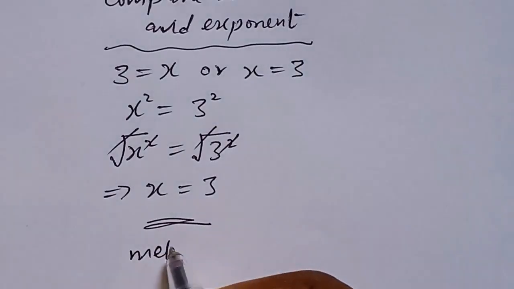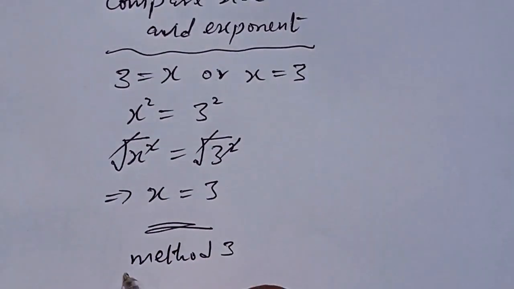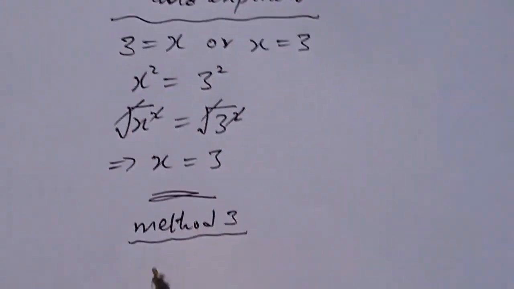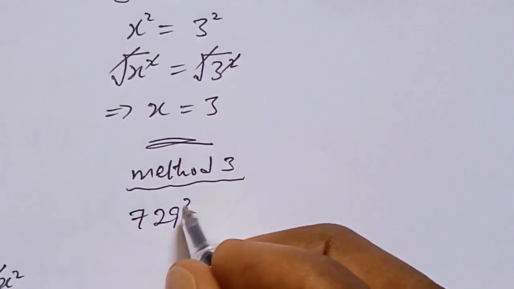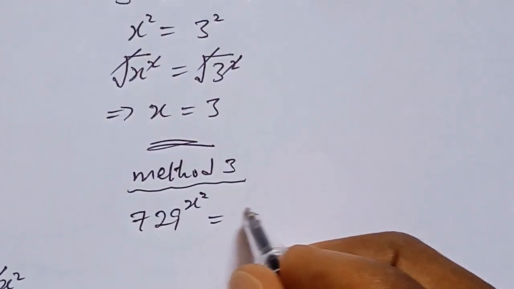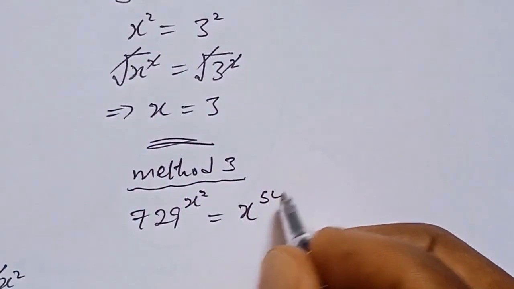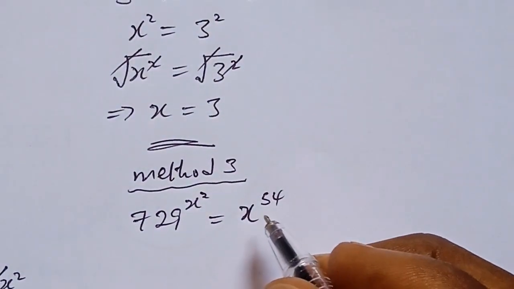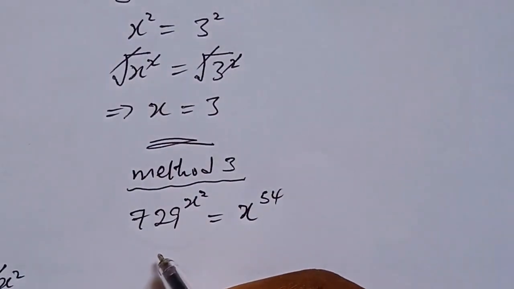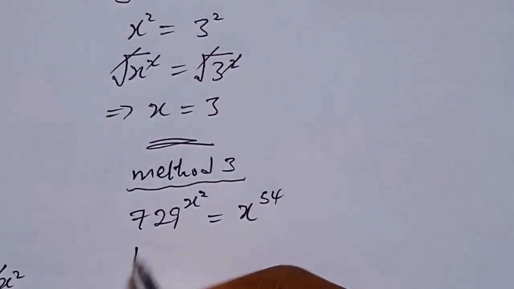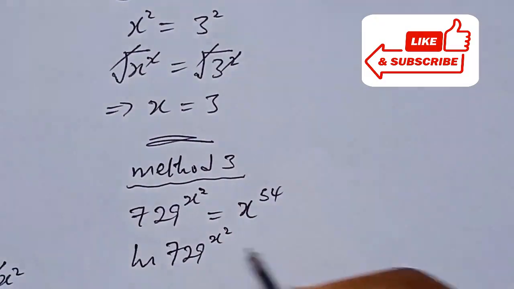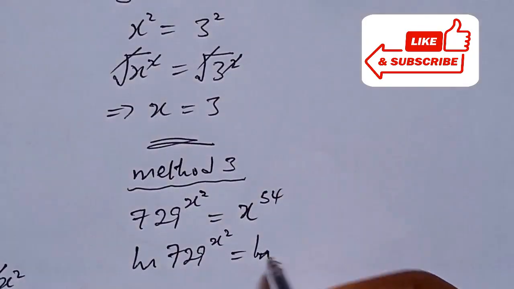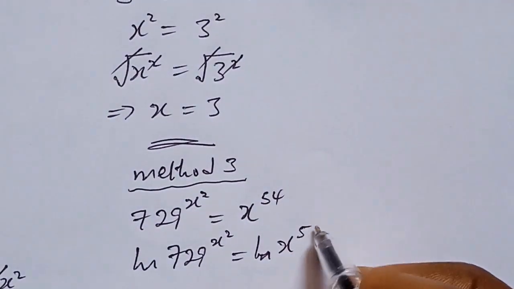Now for the third method, we have from our question 729 to the power of x squared equal to x to the power of 54. So here we apply the natural log of both sides. We have natural log of 729 to the power of x squared equal to natural log of x to the power of 54.